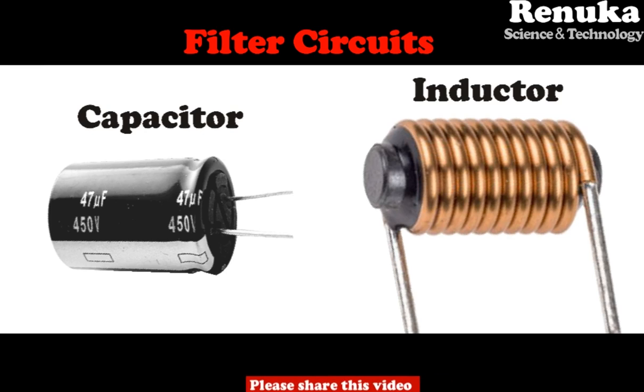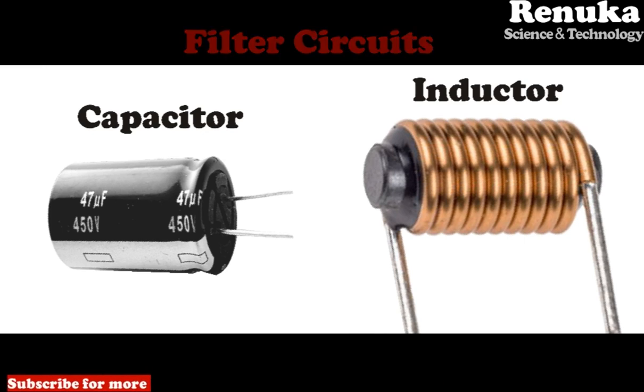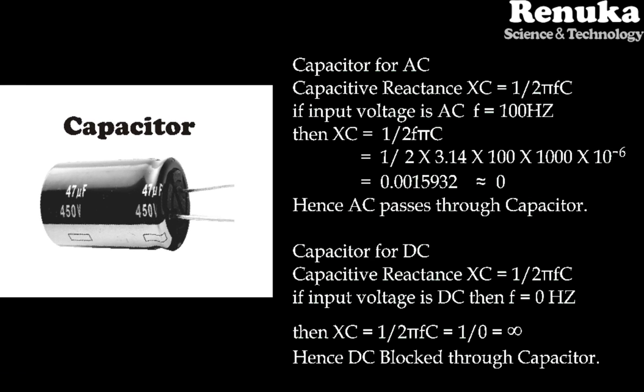Before starting with the types of filters, we must understand how these two components convert a fluctuating AC into a constant DC. Let us take the example of a capacitor. Reactance is the opposition offered by the capacitance.